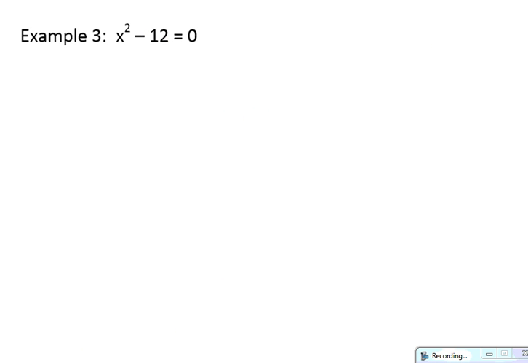So example 3, it's in standard form because I have a 0 on the right. So this time I can see that a is equal to 1, b is equal to, okay, coefficient of x, there's no x, that means that b is 0, and then c is equal to negative 12.